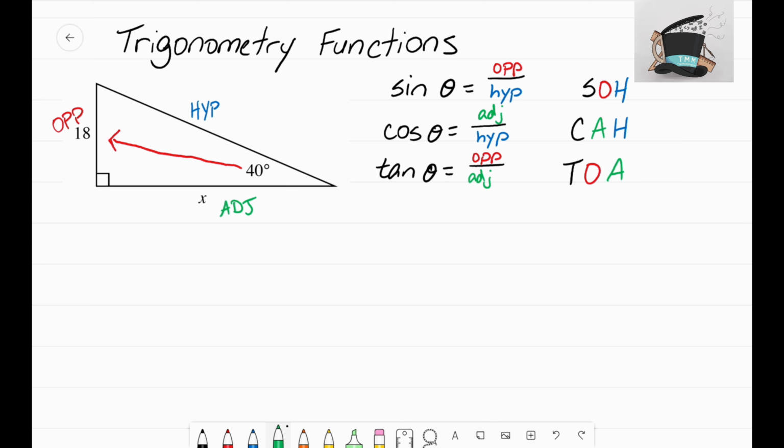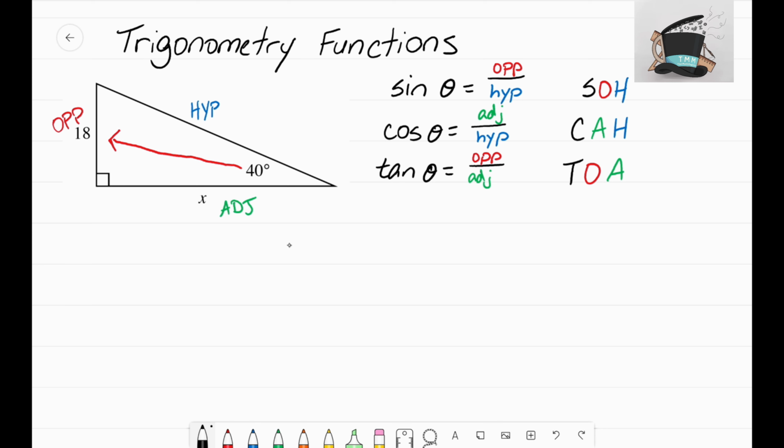Now, looking at our triangle, I see that 18 is my opposite side. I want to find x, which is my adjacent side. So I now need to look at my three trig functions and figure out which of those three uses opposite and adjacent. And the only one that does is tangent. So now I get to set up our formula to solve for our side x.